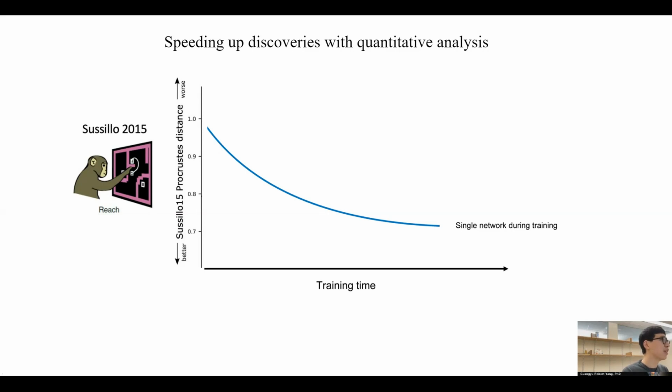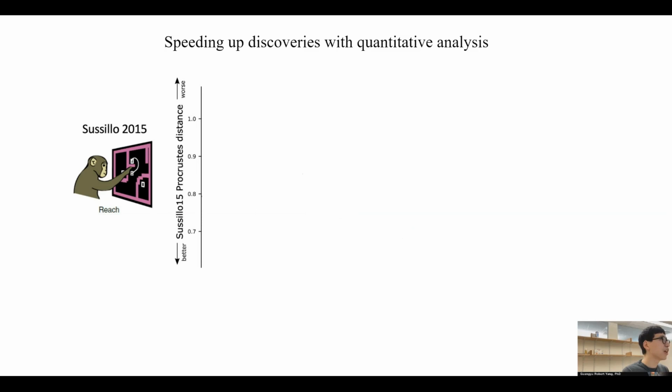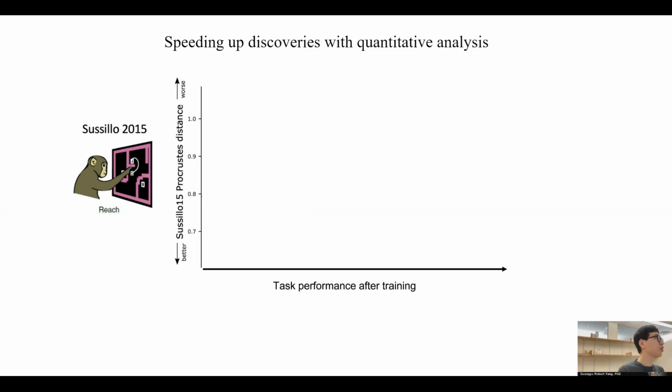But it doesn't have to be this way, right? It could be as you train it, it gets better, and then as you further train it, it gets worse. Or it can be at some point during the training, there's an abrupt change that it gets much closer to the brain. You can also plot on the x-axis the task performance, how well you do this task after training.